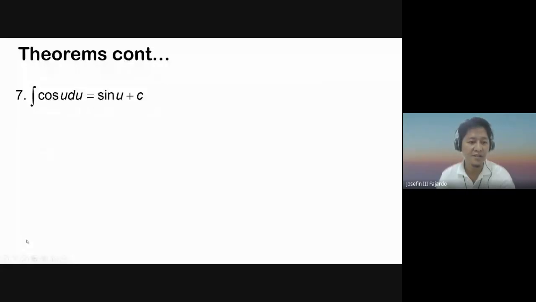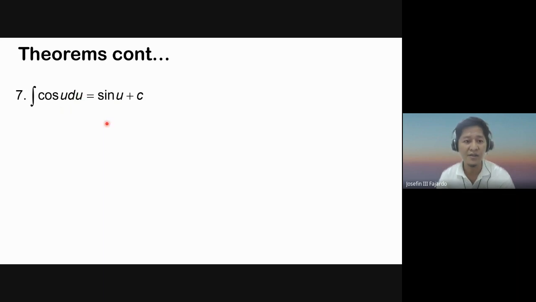Notice in this case, the argument of your trigonometric function must be the same as the differential here for you to use this. We have cosine x squared here, and then this is dx. This is not sine x squared nor sine x. Dapat itong u na to at saka ito parehas.